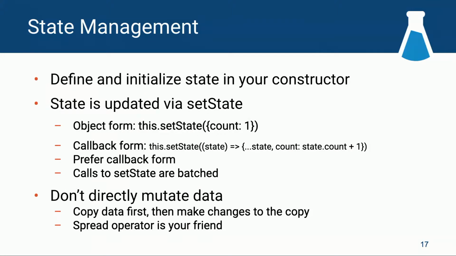Otherwise, you'll actually run into race conditions. And the reason for that is because calls to setState are batched. So just because you're calling setState right now does not mean that the line after is going to have that current state. If you have several setState calls back to back to back, they will be batched together. And so you need to make sure that you're using the callback form.